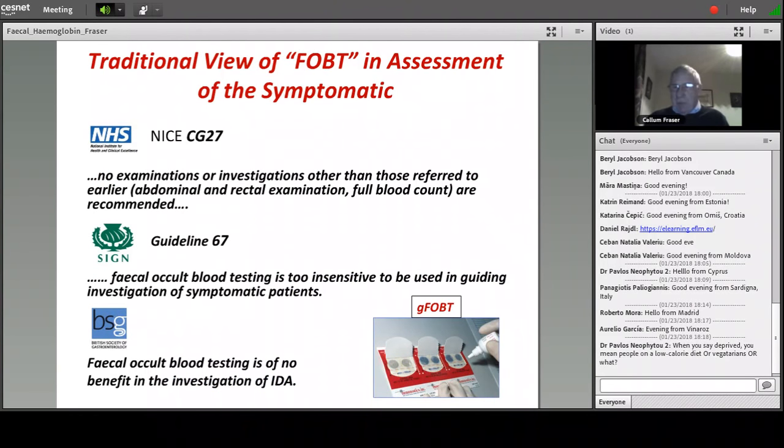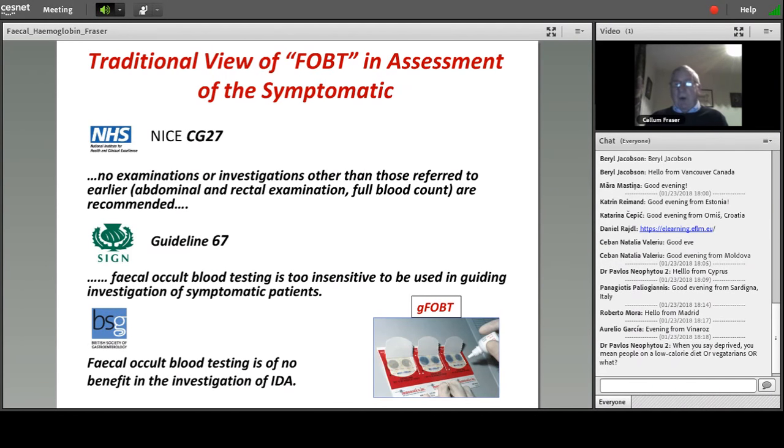The traditional view of the presence of hemoglobin or blood in assessment of the symptomatic is that it just doesn't work. So NICE, the National Institute for Health and Care Excellence, the Scottish Intercollegiate Guidelines Network, and the British Society of Gastroenterology, very august bodies, produce very evidence-based guidelines.